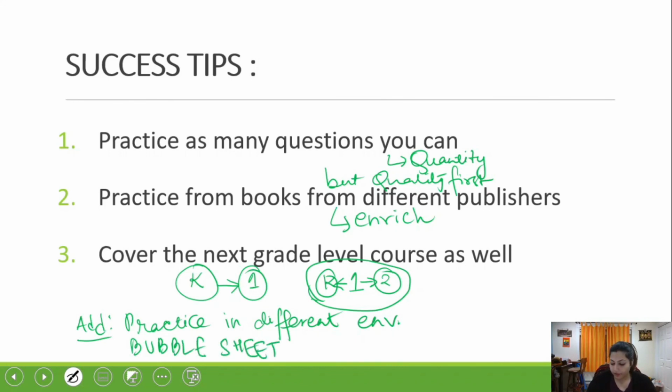For bubble sheets, I would say from day one, start practicing on bubble sheets. Don't let them use the bubbles in the books, because at kindergarten level I think they allow it, but from grade 1 they have to do it in a bubble sheet. Another objective of bubble sheets is that you can practice with the same book again and again.